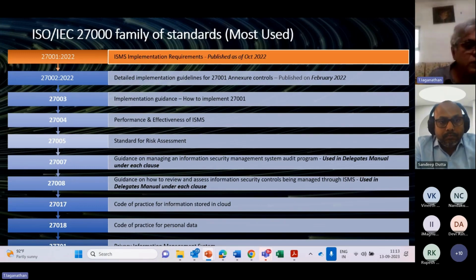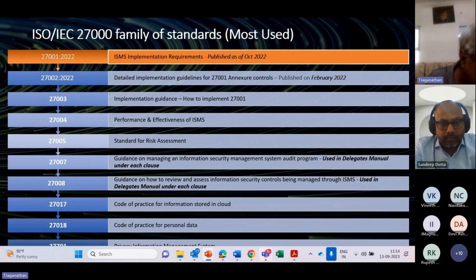Starting with the most common, most important, which we are going to study for the whole 4 days, that is 27001, the 2022 version. Always there will be a colon and the version, 2022. This is the requirement standard which states what a company should do to get certified for 27001.